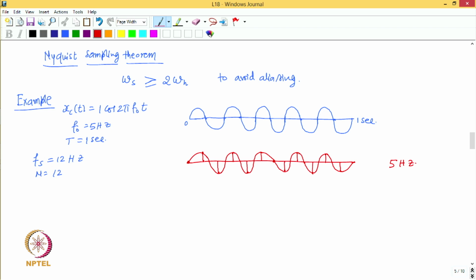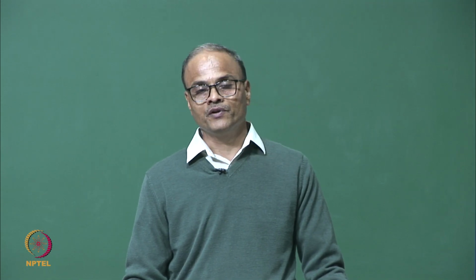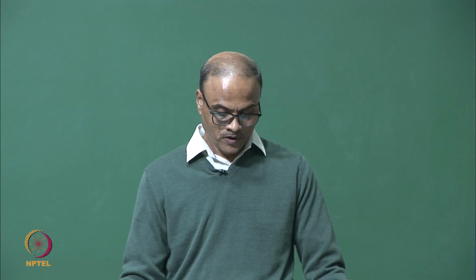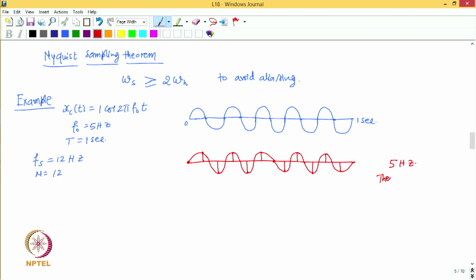And the sampling theorem is also satisfied, because the sampling frequency is 12 hertz, which is more than twice the frequency of the signal, which is 5 hertz. And therefore, in this case there is no aliasing, because the frequency inferred from the discrete signal is correct.